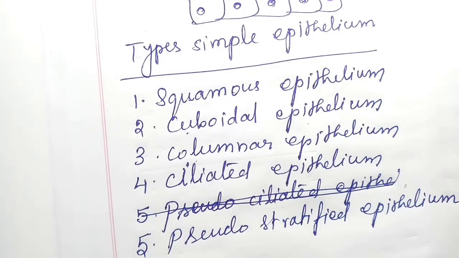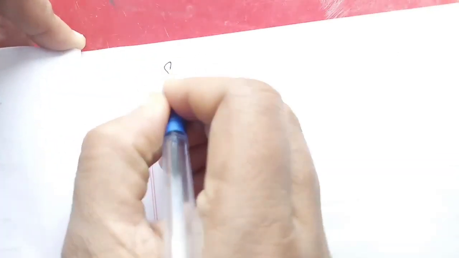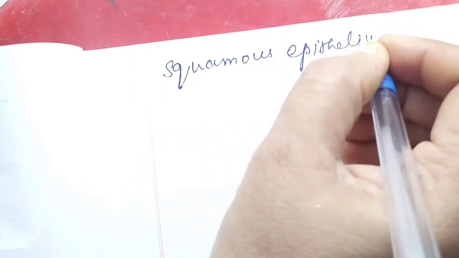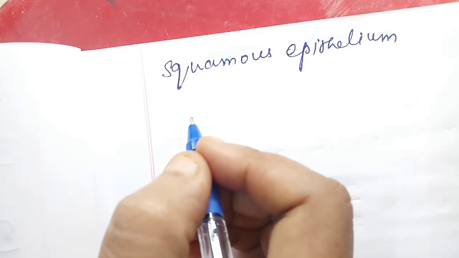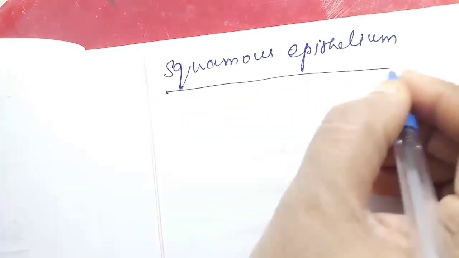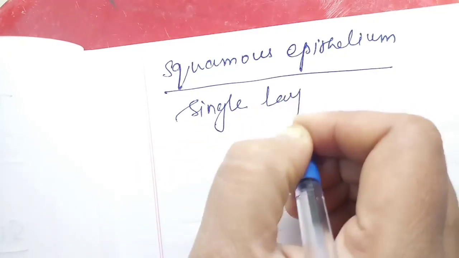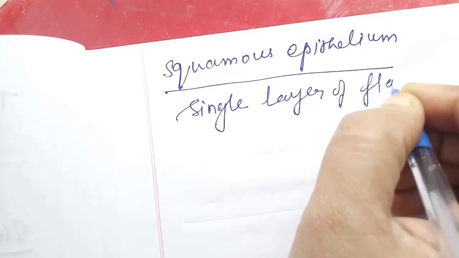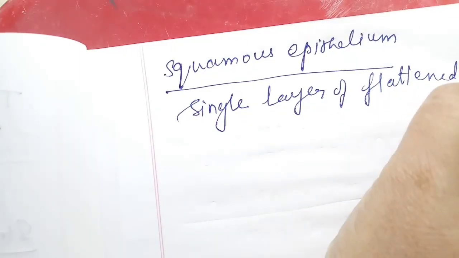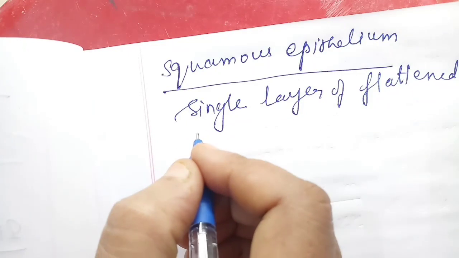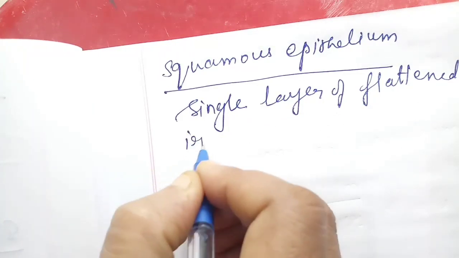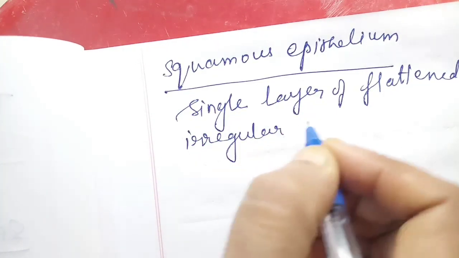First, we will see the squamous epithelium. It consists of a single layer of flattened cells with irregular boundaries.